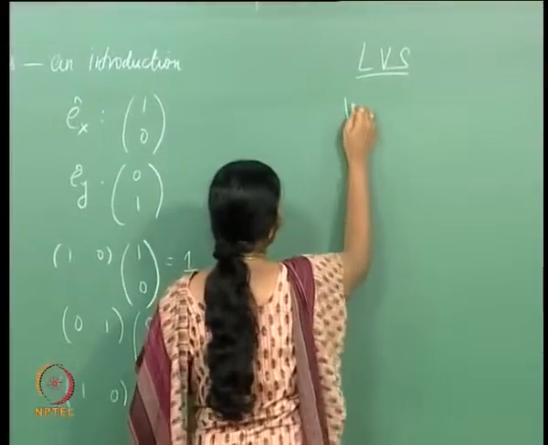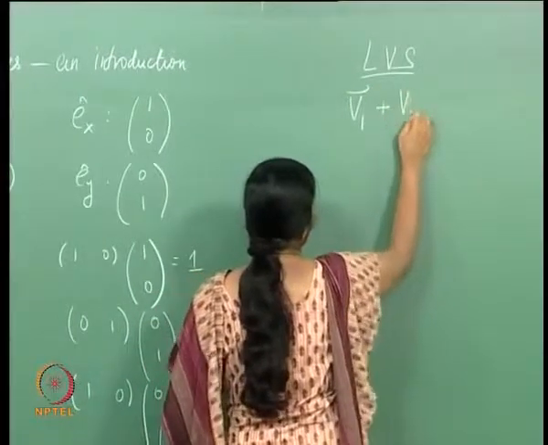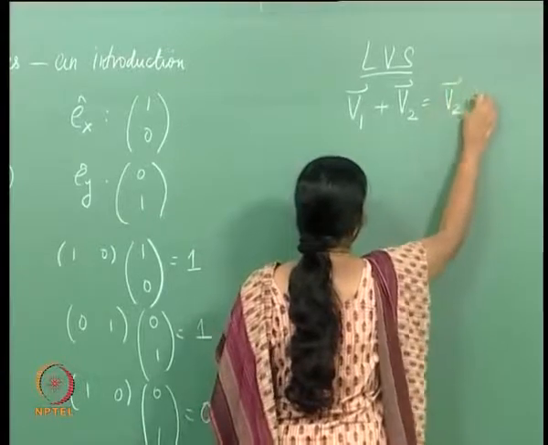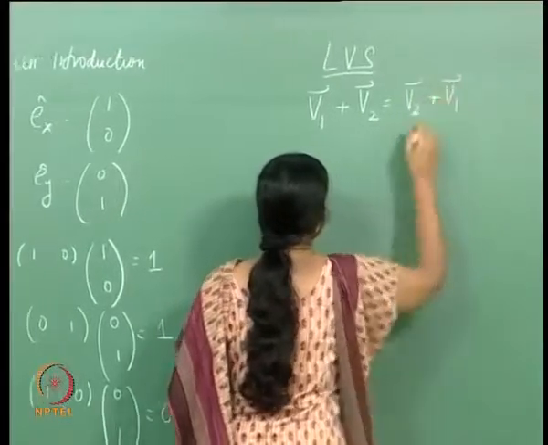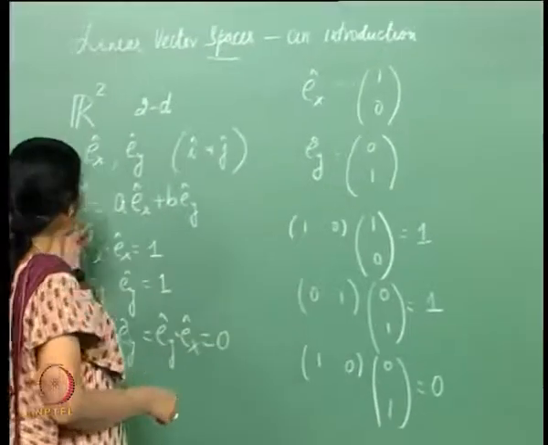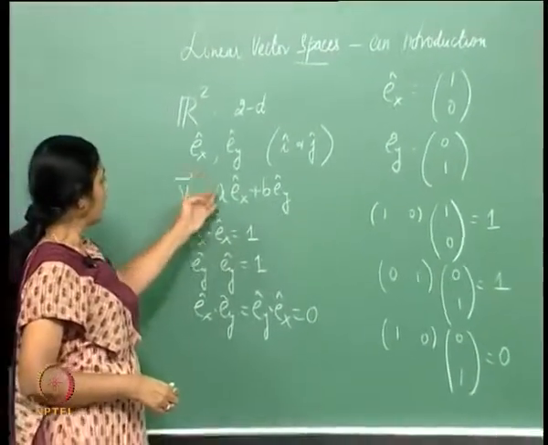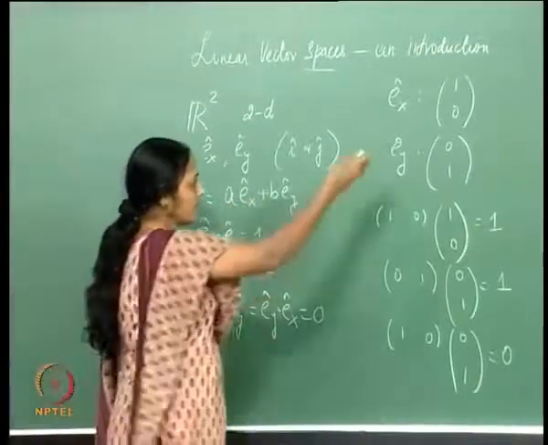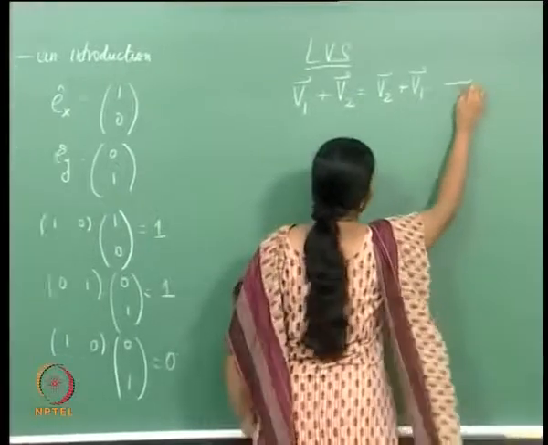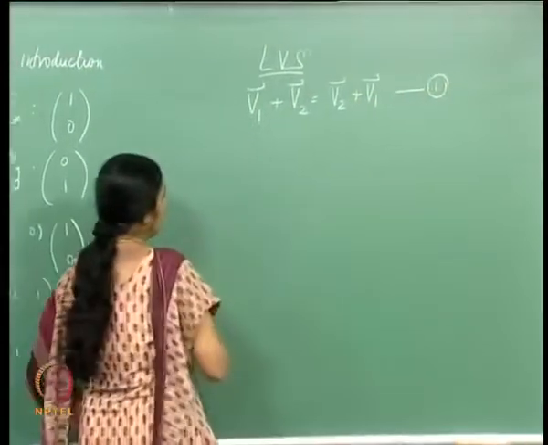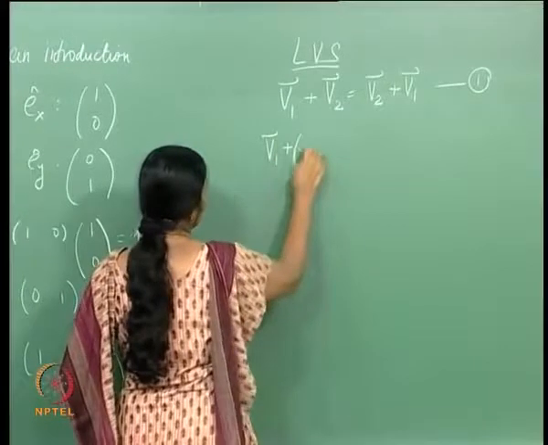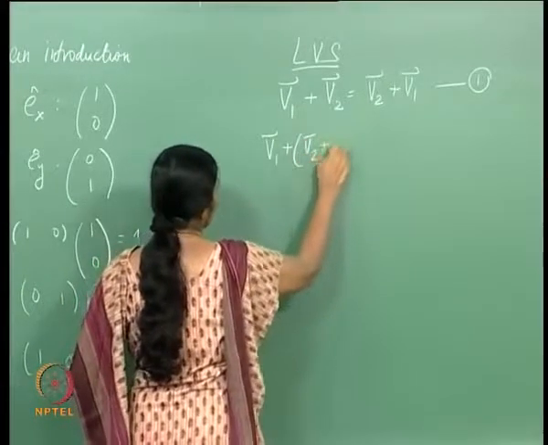Now if I have two vectors v1 and v2 in this space, there is commutativity under addition. That's certainly true. Take any two vectors of this form and addition is commutative. So that's the first property. There is also associativity under addition.